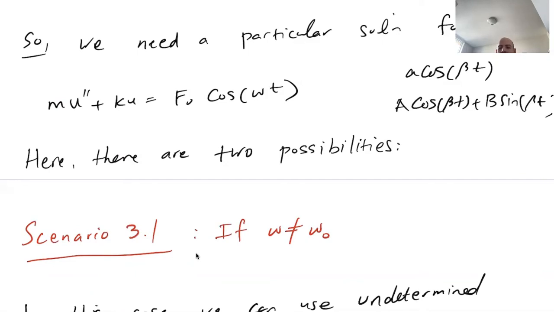But why are we assuming that omega is not equal to omega naught? Because after we introduced that table, we gave a very important remark that if this function here, the function that appeared in the guess function, is a solution for the homogeneous equation, then we have to multiply that function by t, by a proper power of t, basically.